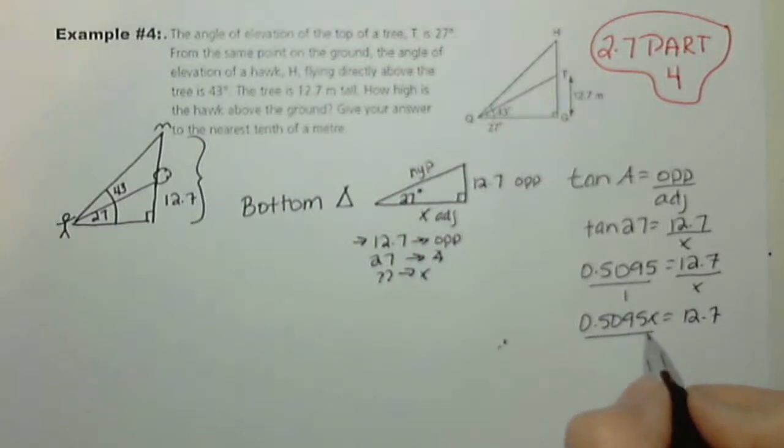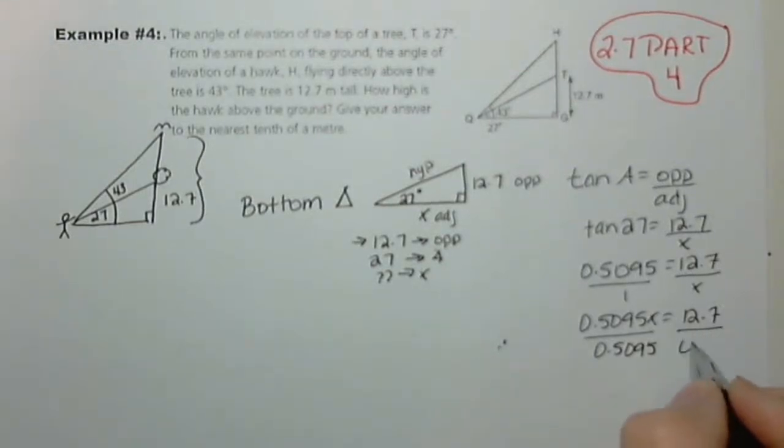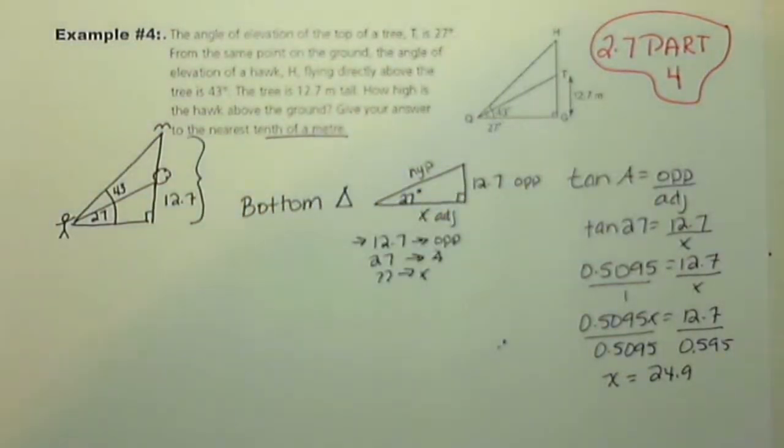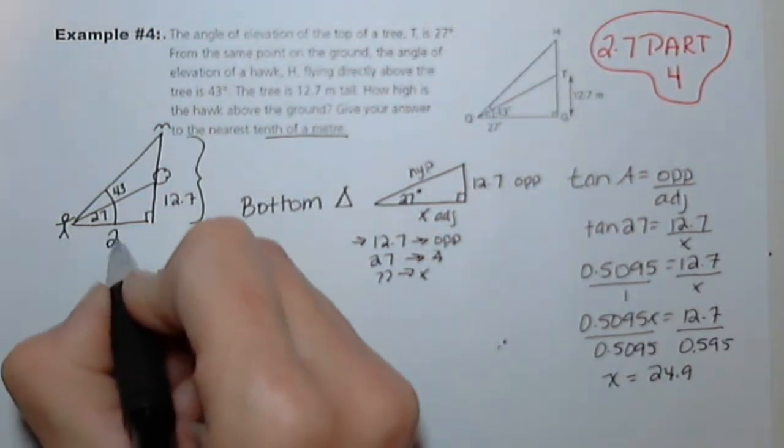Let's get the x by itself by dividing both sides by 0.5095. And we are going to get x is equal to 24.9. Again, we're asked to do it to the nearest tenth of a meter. Now what that tells me is that the bottom of this triangle right here is 24.9.